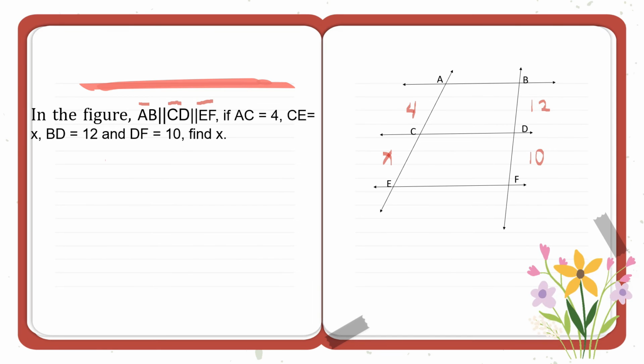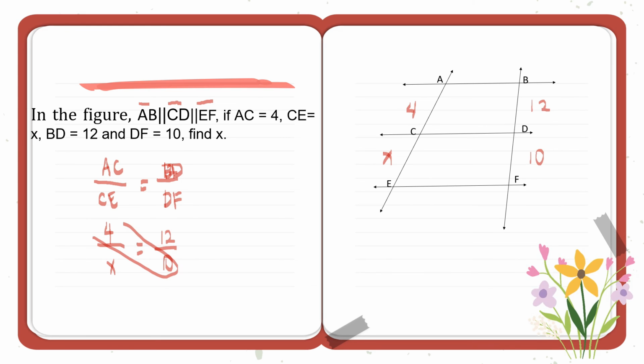We have AC over CE equals BD over DF. So AC is 4, CE is X, equals BD is 12 and DF is 10.